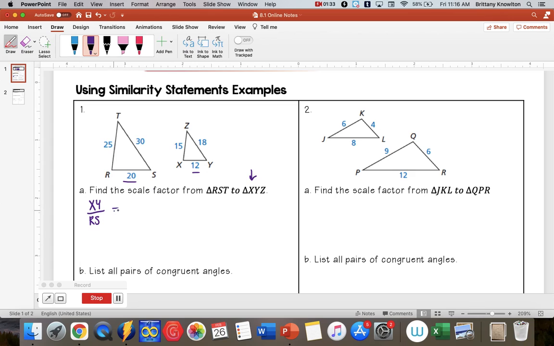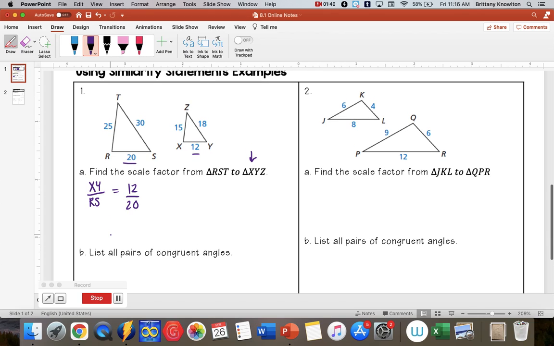So XY, that's 12, RS is 20. But then I do need to simplify my fraction. So you can either look at this and tell what goes into both. Well, I know 4 goes into both. And so I get that 3/5 is equal to K.